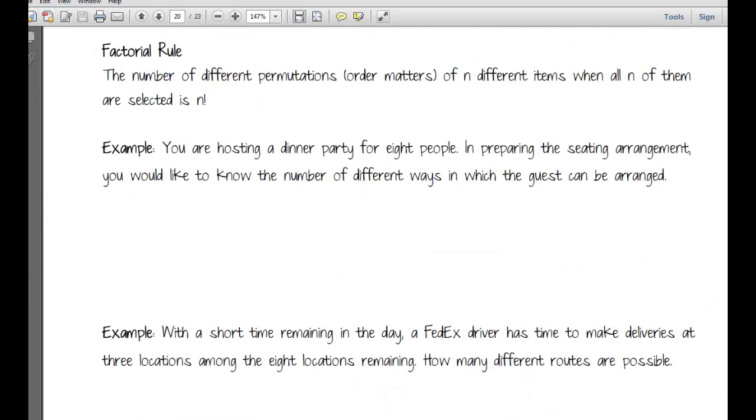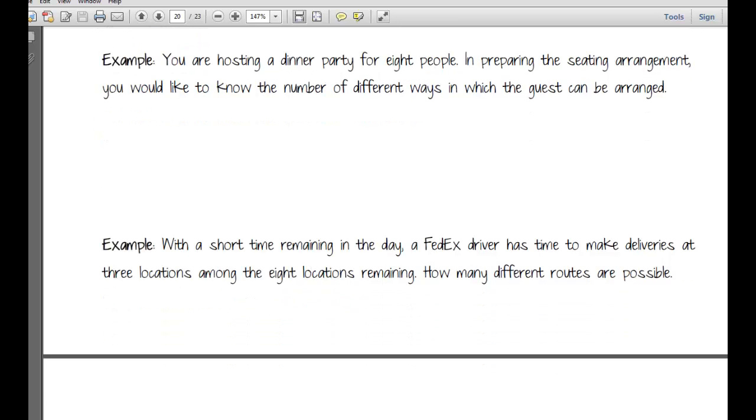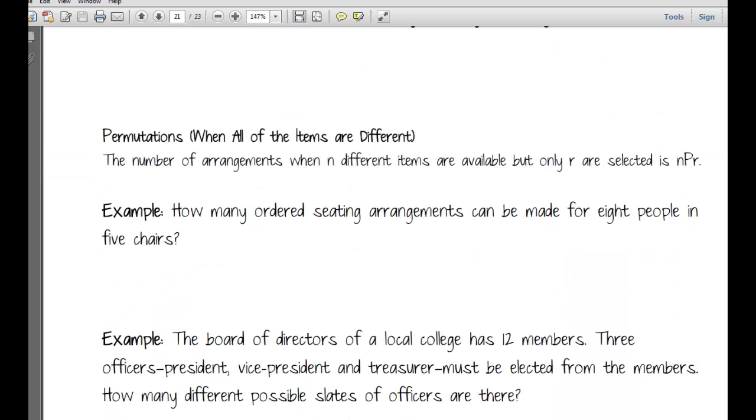Looks like it may have gotten a little misplaced. So let's see what the next rule is. Here is the permutation rule, and it says the number of arrangements when n different items are available but only r are selected is nPr. nPr is a function that's on your calculator.